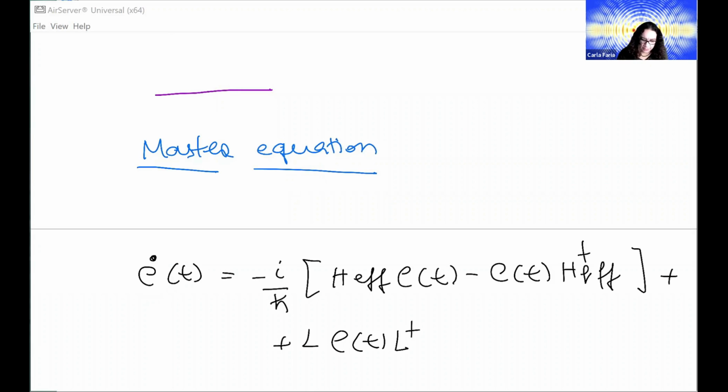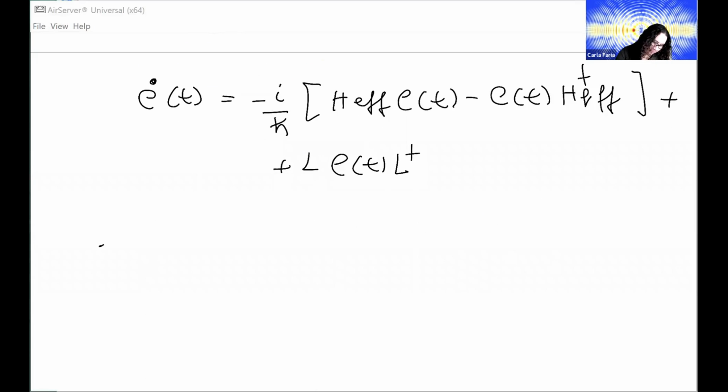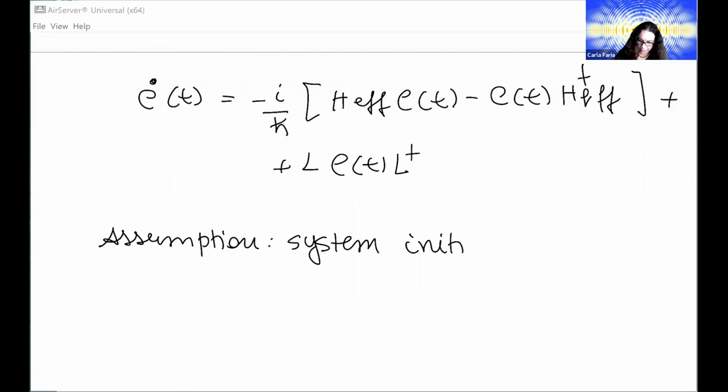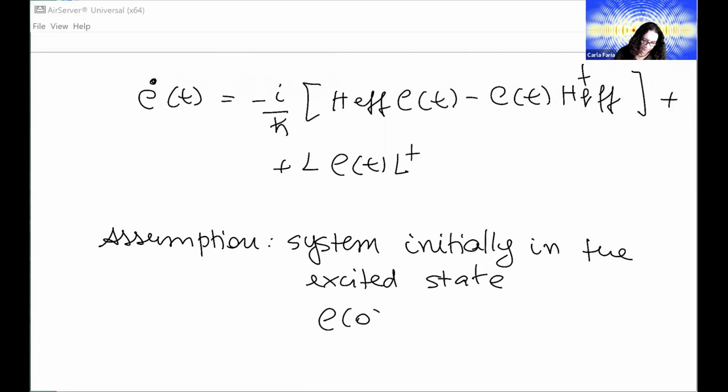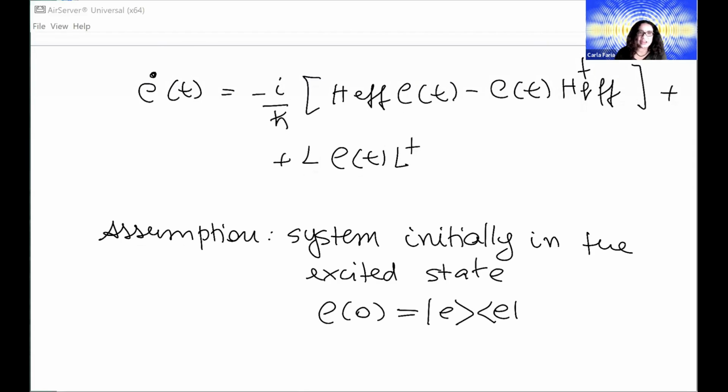And we're going to assume that our system is initially in the excited state. We want it to decay, so we're going to put it initially in an excited state, or because we have a two-level atom, we just have one. So rho 0 is given by |e><e|, this projector.